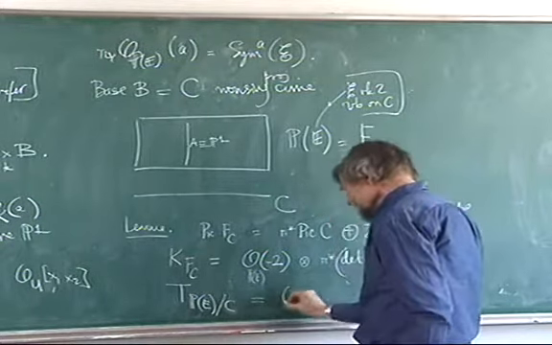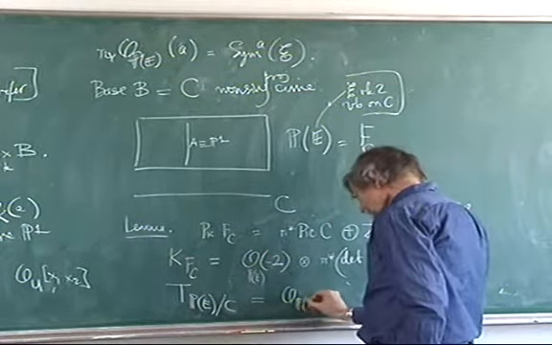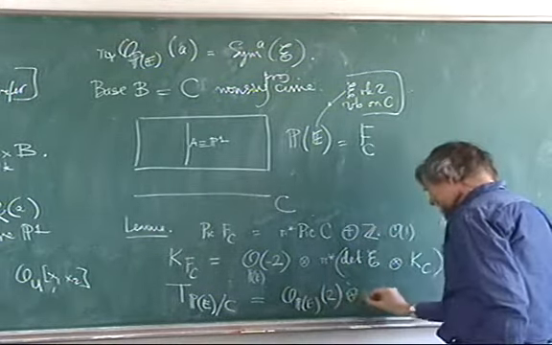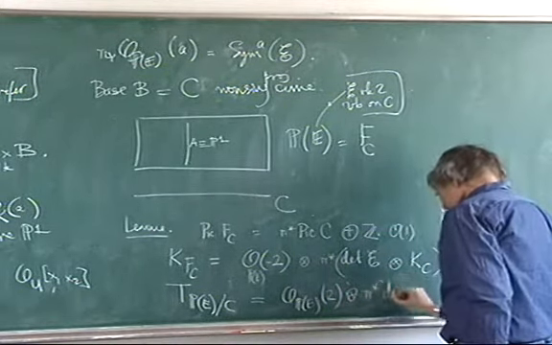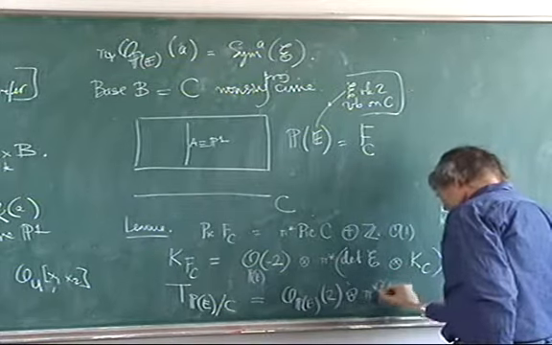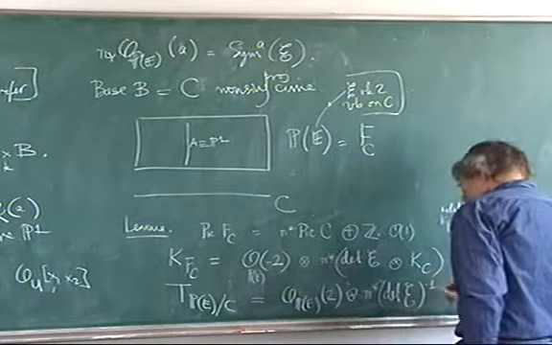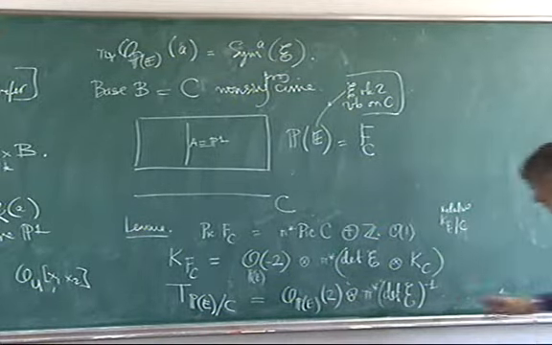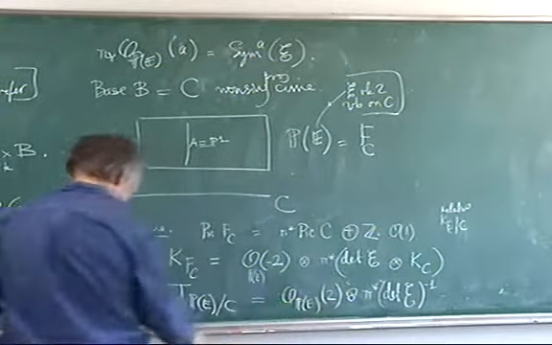And this is O_{P(E)}(2) tensor pi upper star of the determinant of E to the minus 1. Okay, and this bundle I'm going to be coming back to later quite a lot.